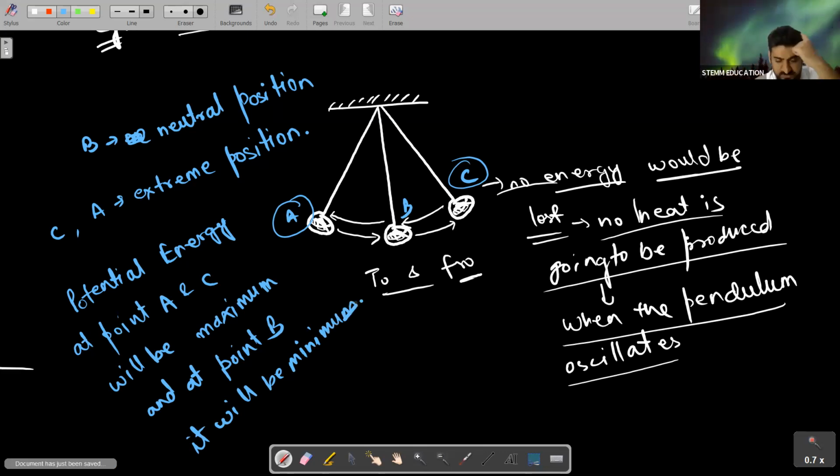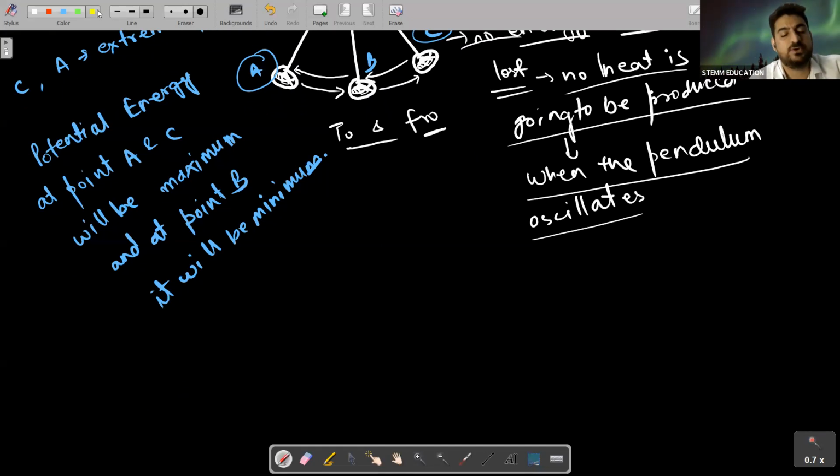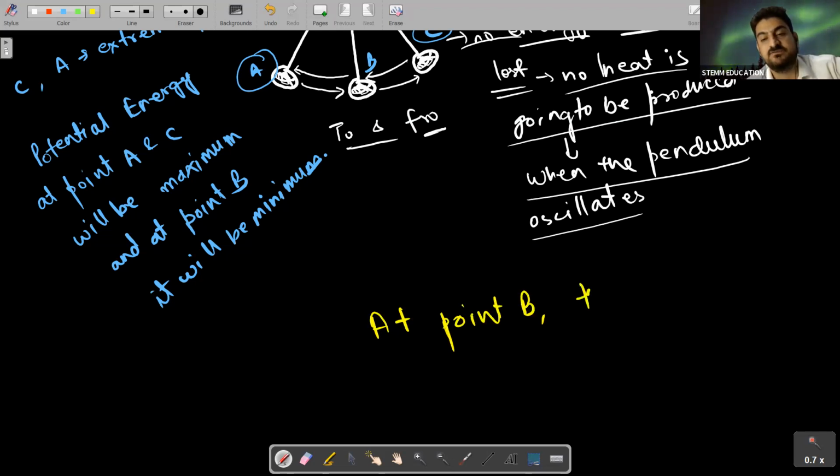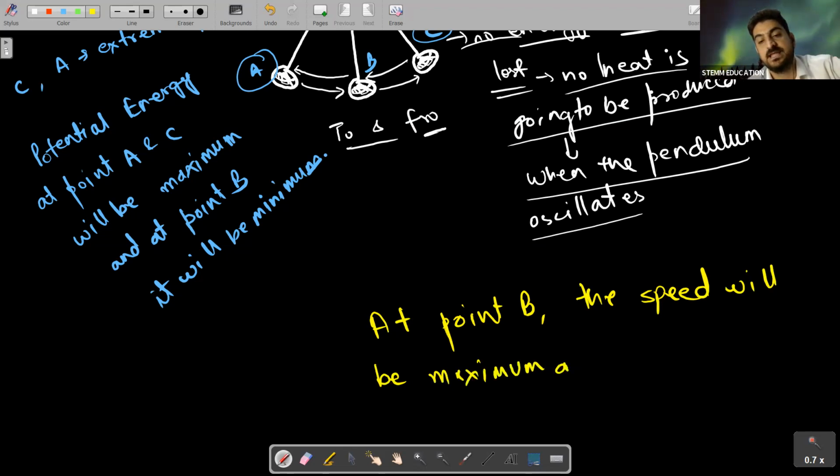And at point B, at the lowest position, the speed will be maximum. And kinetic energy will be maximum as well.